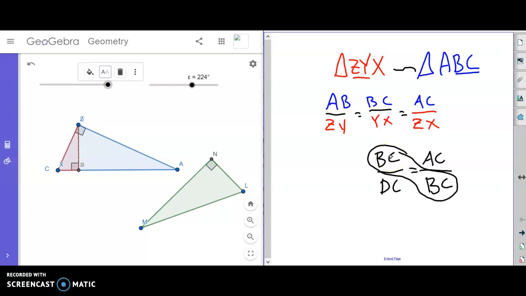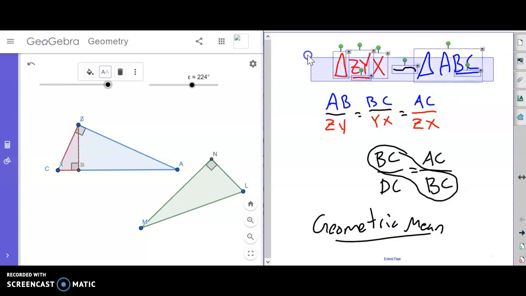This is actually what we call a geometric mean. We're not going to get too far into that, but that's what it's called. What's interesting is that just by creating the altitude, I create a geometric mean, allowing me to have fewer values to find each ratio I need. So let's look the other way. I'm going to copy this.